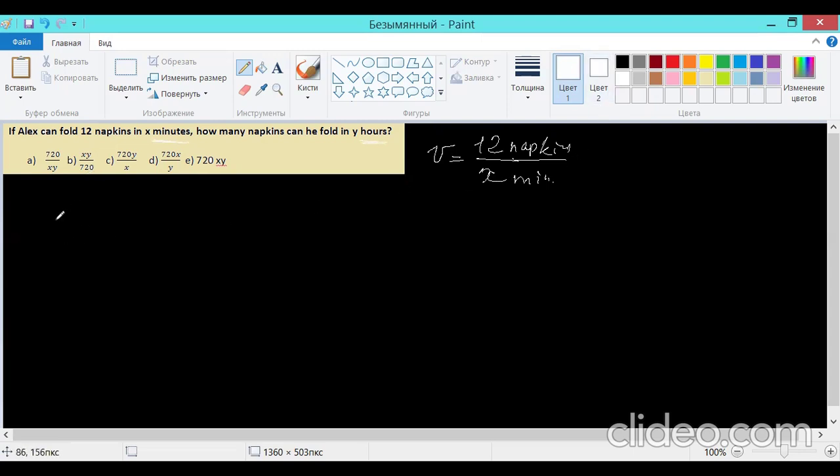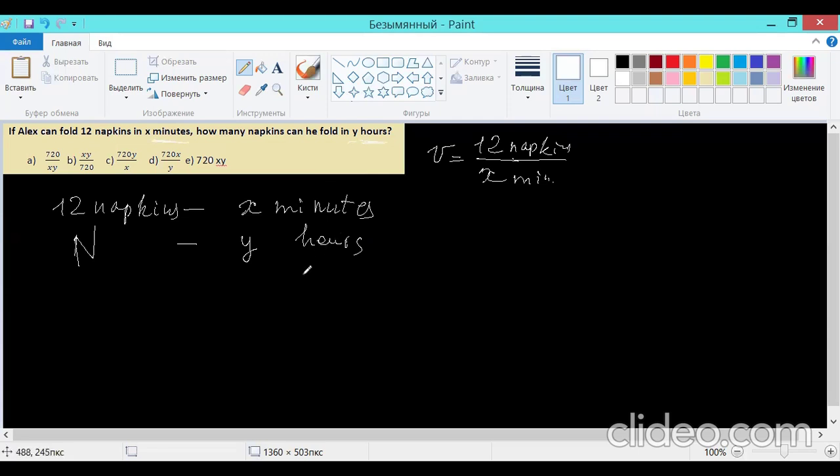Now we can write a proportion. So 12 napkins are made within X minutes, right? And we are supposed to calculate the number of napkins which can be made within Y hours, but we cannot write down Y because Y is hours, and the measurement unit of X is minutes.